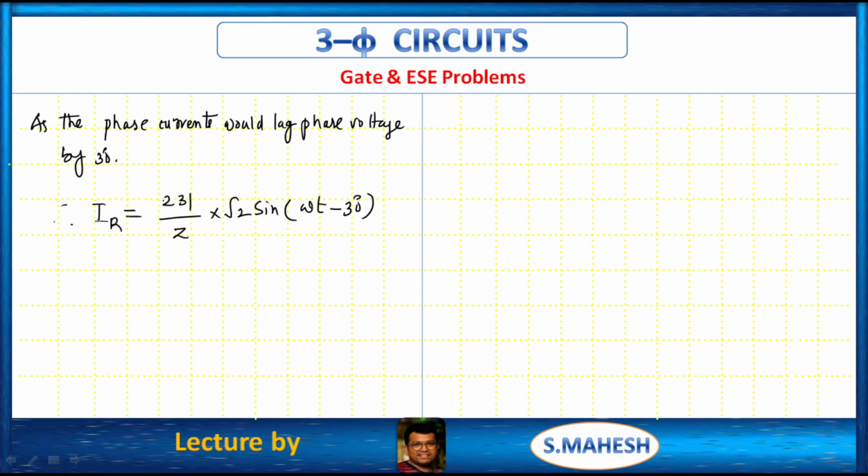Why is it root 2? 231 is nothing but RMS, and root 2 times RMS is nothing but the maximum value. Vm sine omega t is the representation, right? Assume Z is equal to 1 ohm.